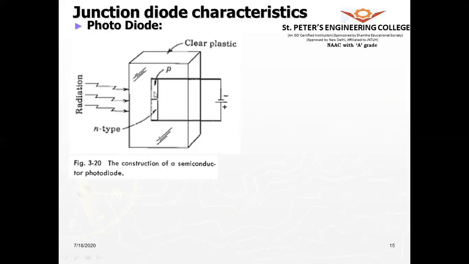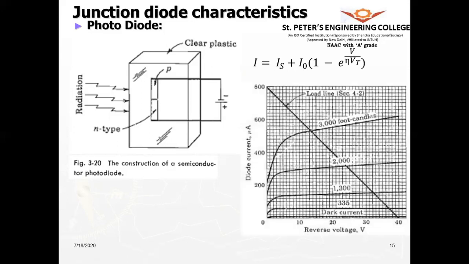The diode is always used in the reverse bias condition. We can see that the p type is connected to the negative of the battery and n type is connected to the positive of the battery. Therefore the photodiode is always used in reverse bias condition. The current in the photodiode is given by I = Is + I0(1 - e^(V/ηVt)).